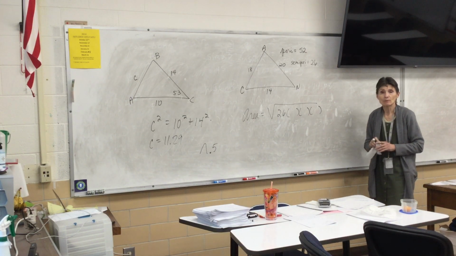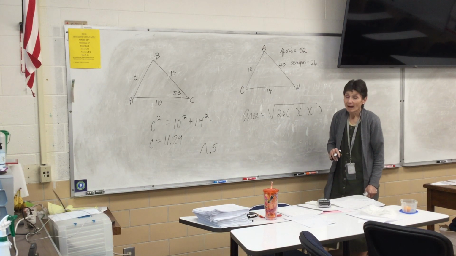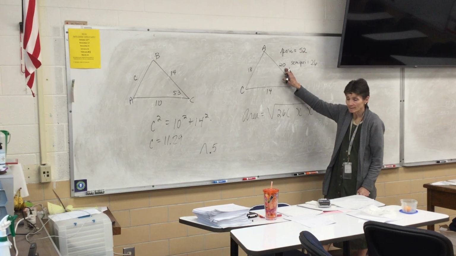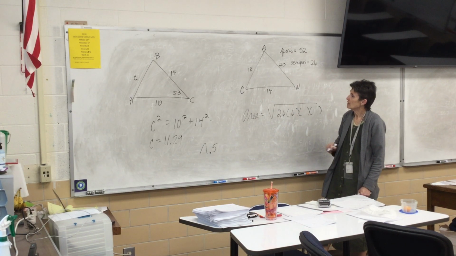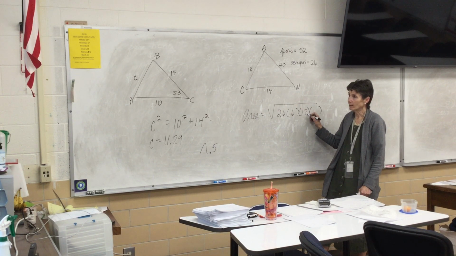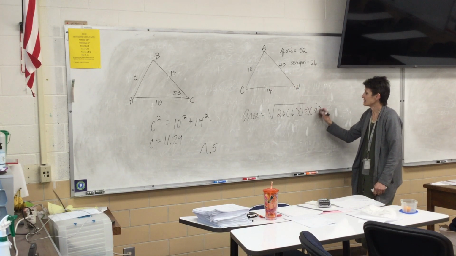Always start with the semi-perimeter. And then you'll do 26 minus each side. So 26 minus 20 is 6. 26 minus 14 is 12. And 26 minus 18 is 8.